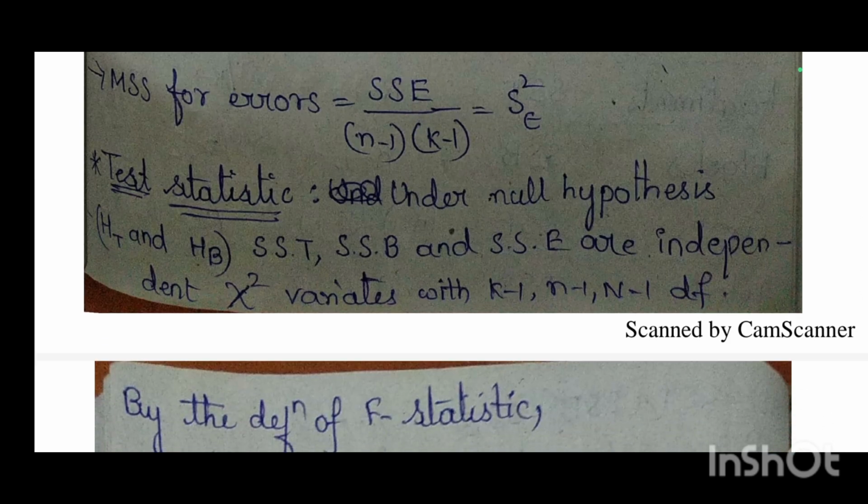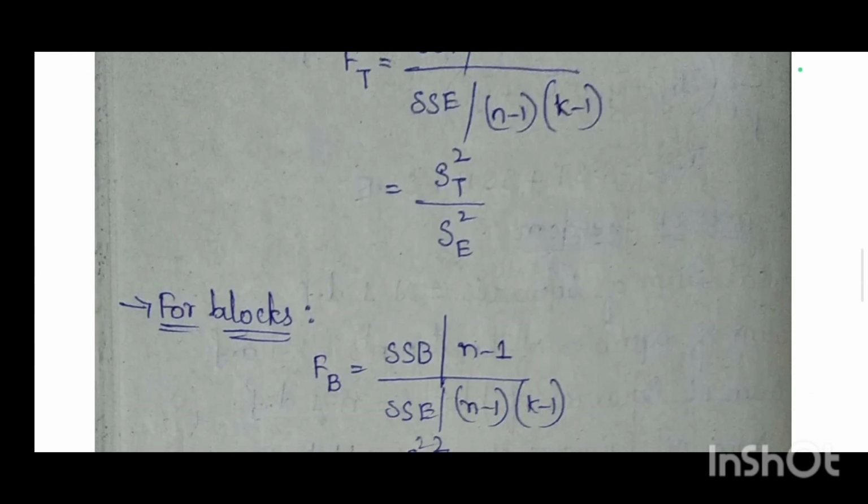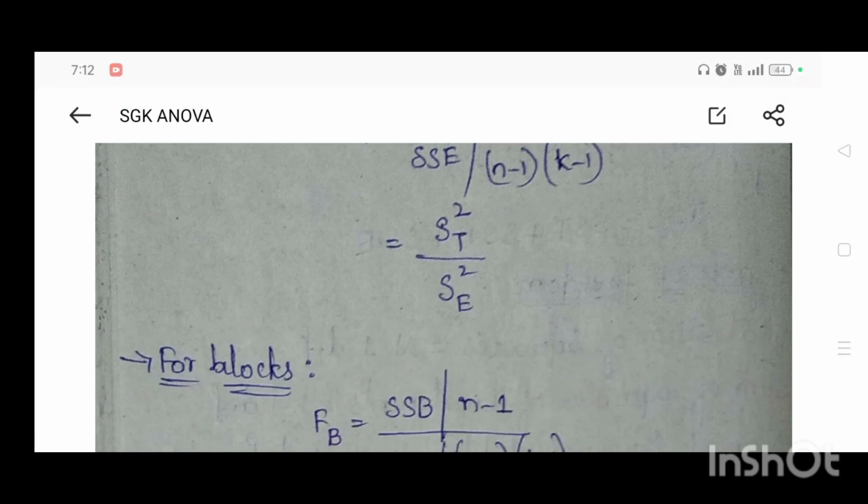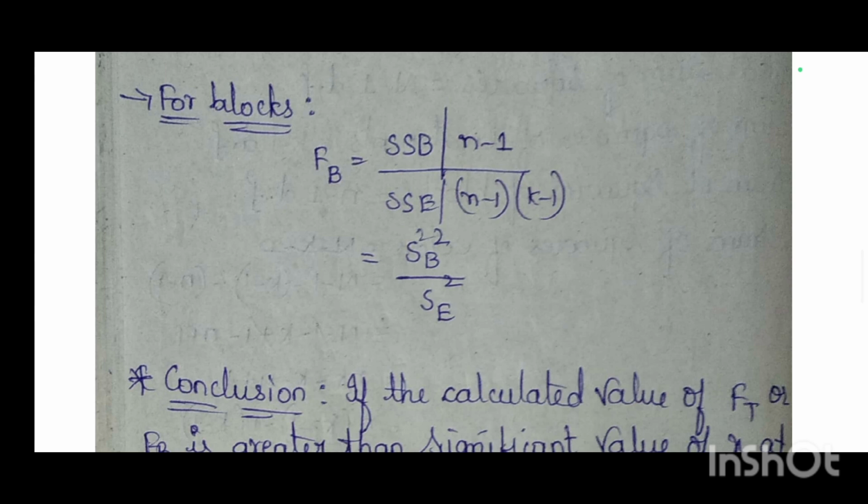Now the test statistic we are applying: the chi-square test we are going to use here. These are the chi-square variates. So F calculated for treatments is ST square divided by SE square. For blocks, SB square divided by SE square.